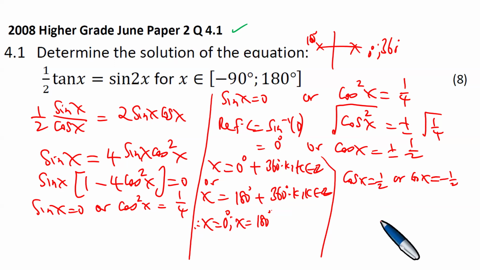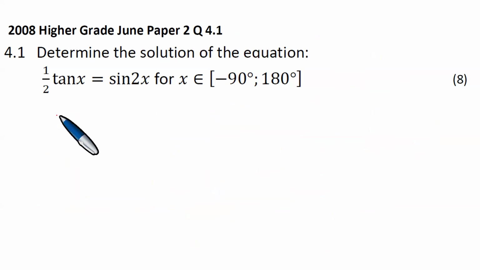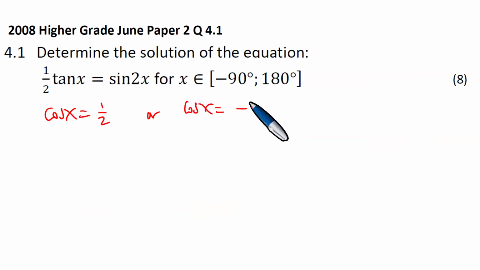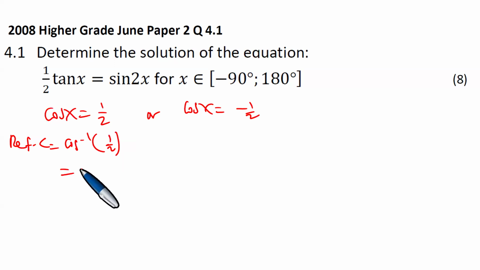When the cosine is 1/2, we get the reference angle. Which means the reference angle is arc cosine of 1/2, and arc cosine of 1/2 is 60 degrees. It's the reference angle for both of these, because if it's negative, we take a positive reference angle.